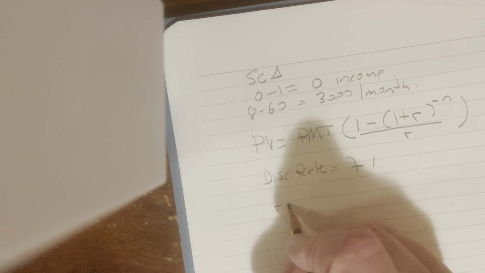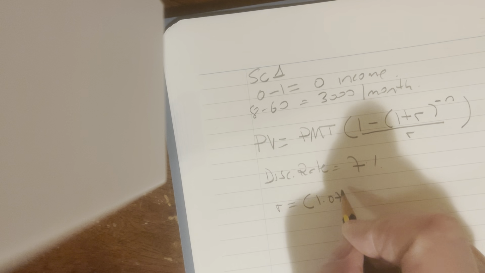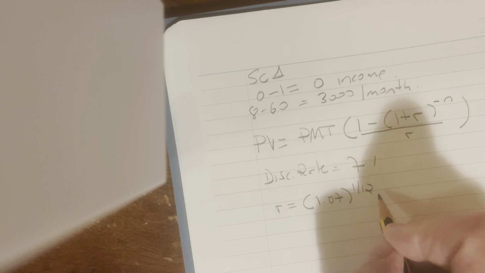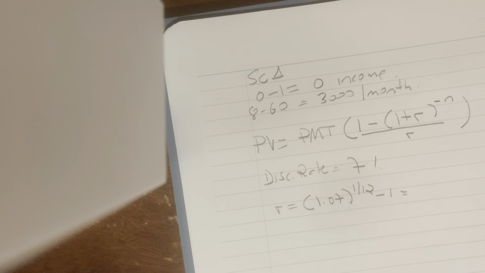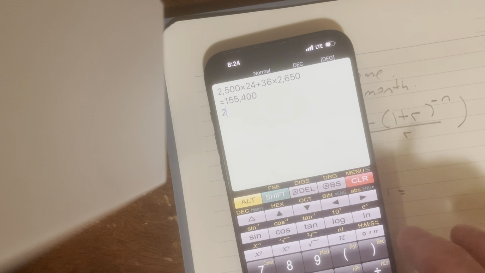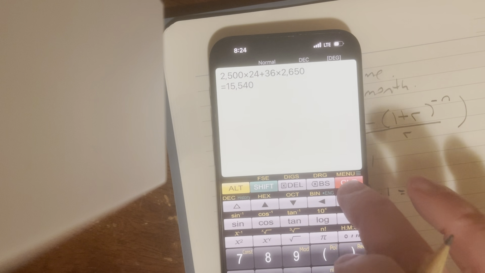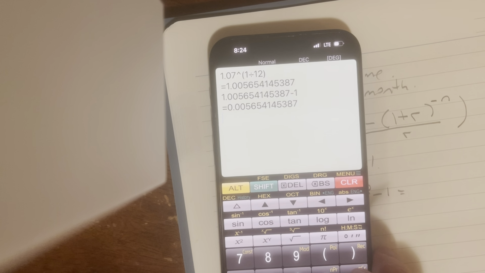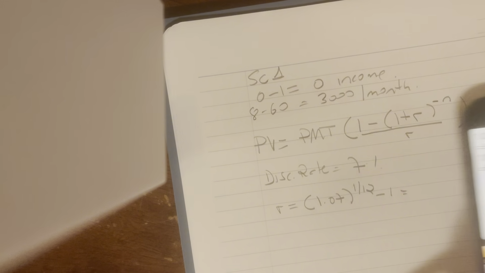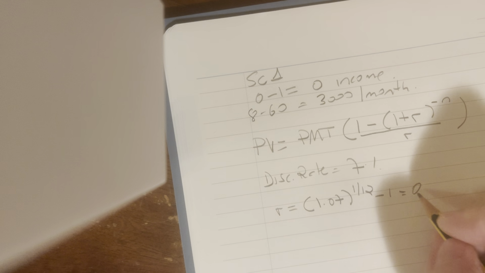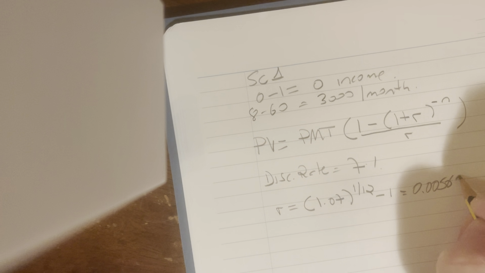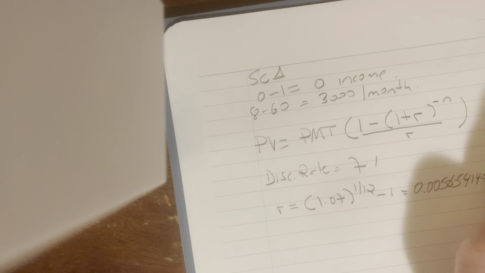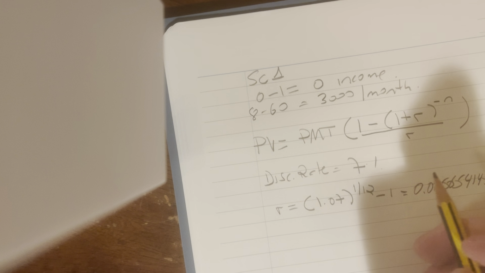So how much is the monthly discount rate? It will be 1.07 exponential 1 divided by 12 minus 1, which is equal to 0.0056541453887.